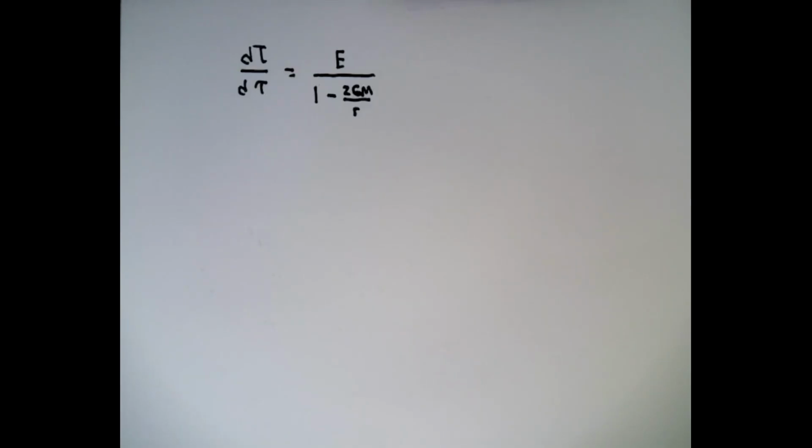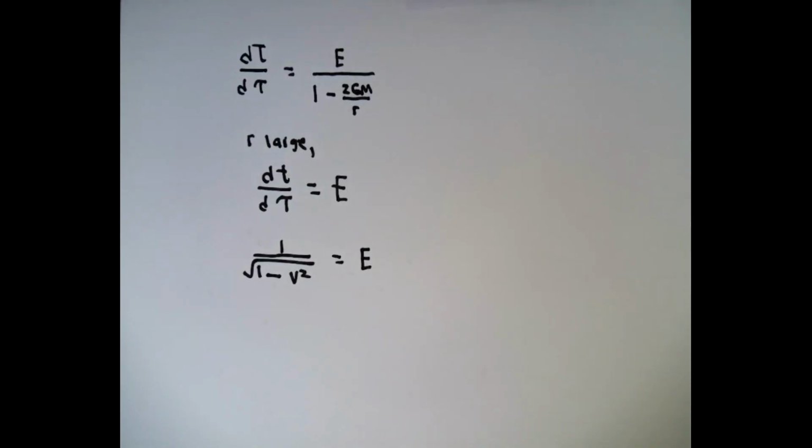A word or two about the meaning of this E is probably in order. Suppose that r is extremely large, so that the denominator is practically equal to 1. This says then that dt/d tau is approximately equal to this constant, E, but from special relativity, we know something about dt/d tau.